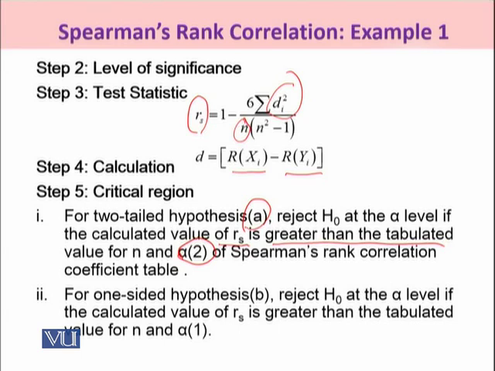At the top you will either be given alpha by 2, which means two-tailed test, or the top would have the two-tailed test written in the form of text. For one-sided hypothesis of type B, we have to reject H0 at alpha level if the calculated value of RS is greater than the tabulated value for n and alpha, taken as alpha 1. That means a one-tailed test.